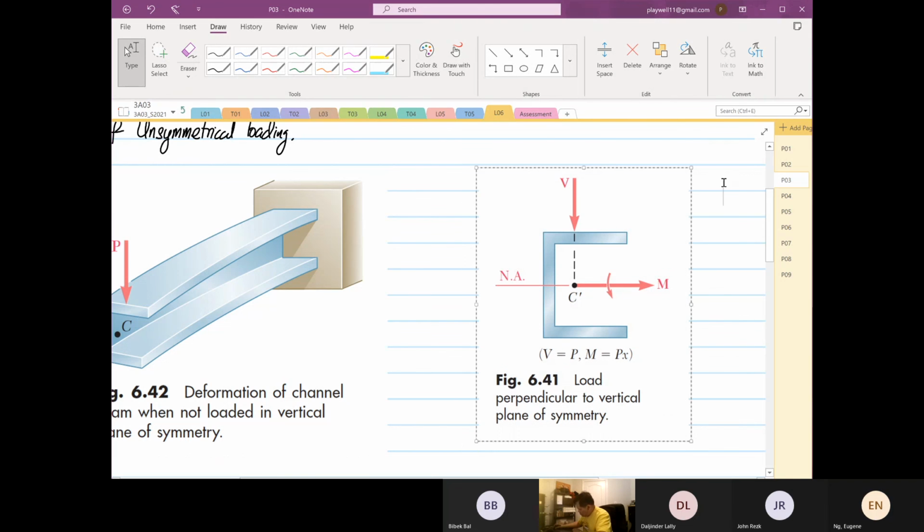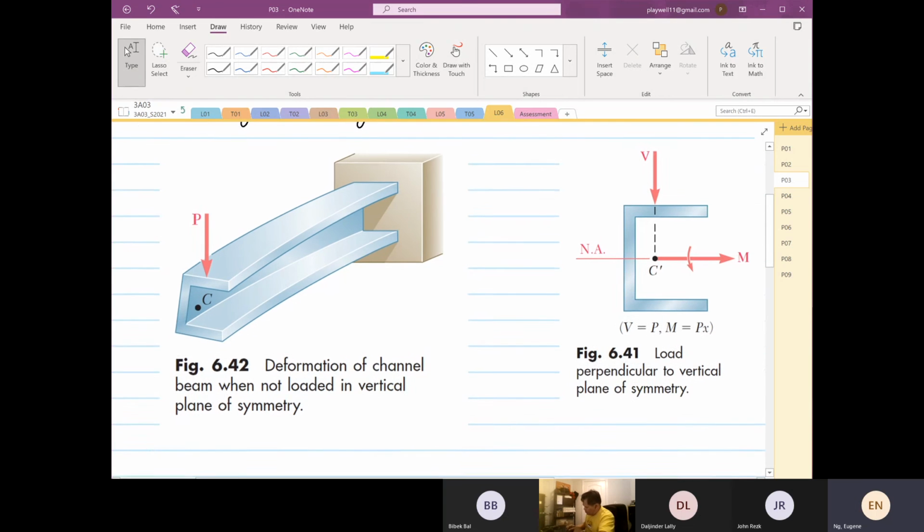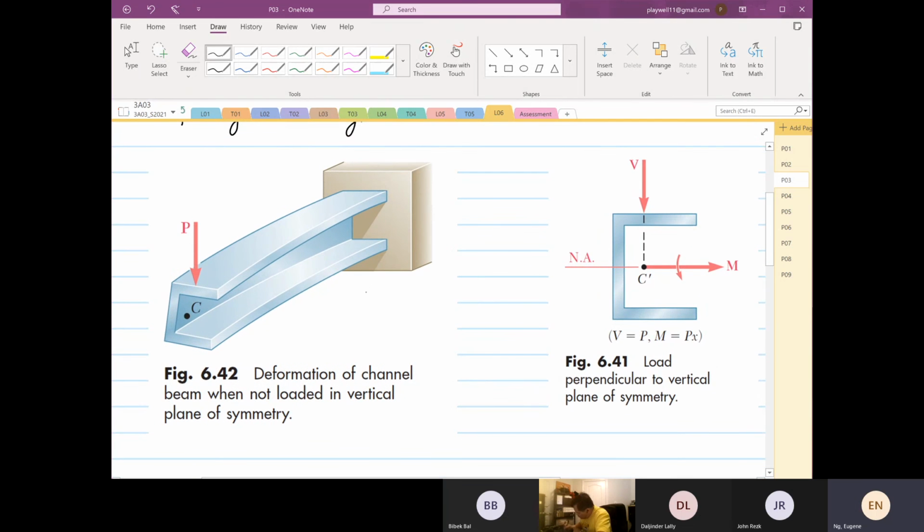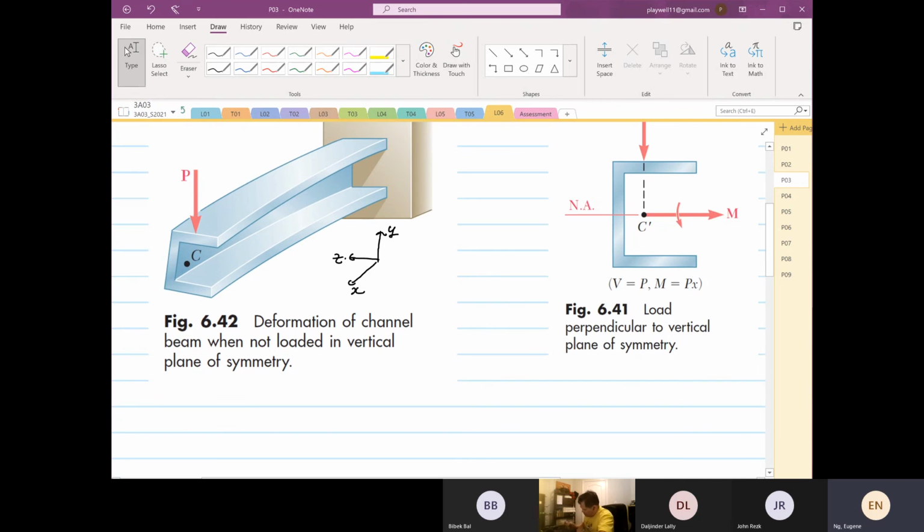So now what you see over here, right? I'm going to draw my transformation again, X, Y, and Z. Now, for this condition, you have unsymmetrical, which is what we call unsymmetrical loading.